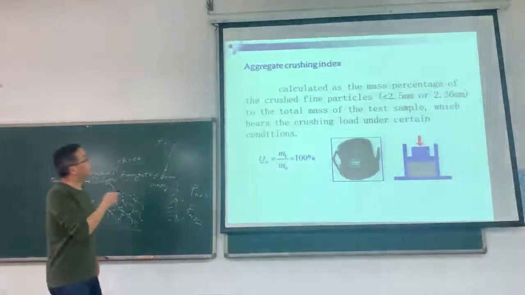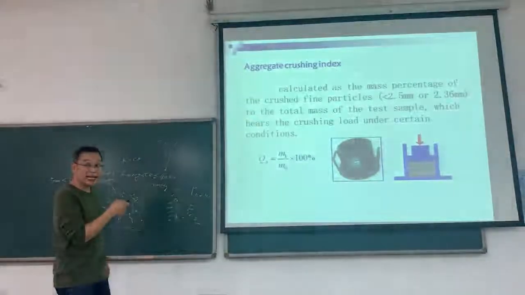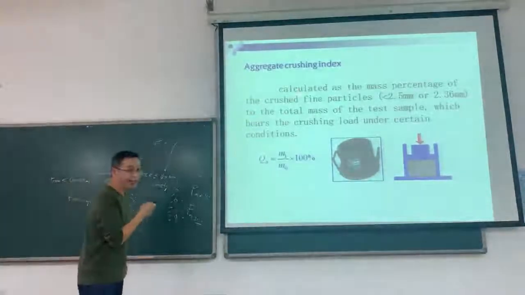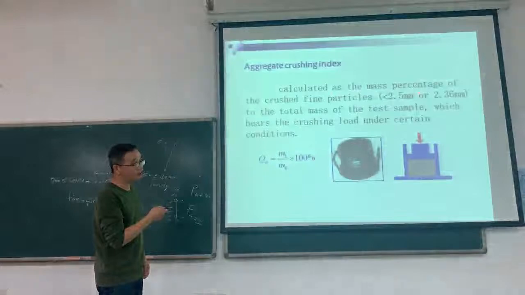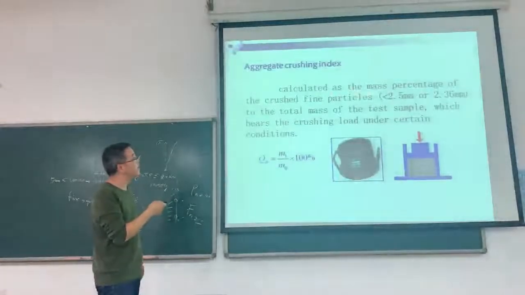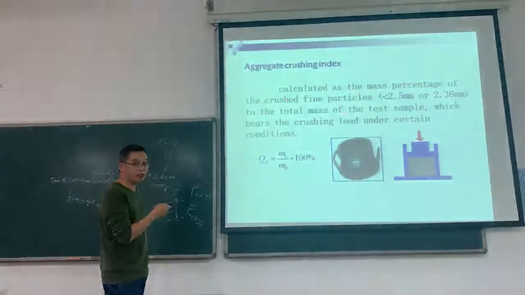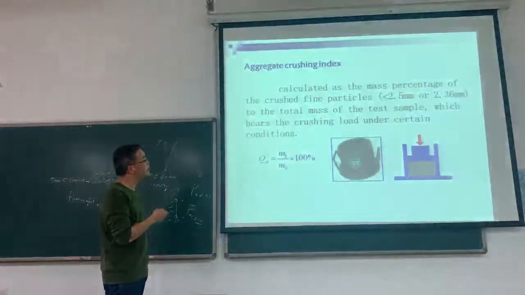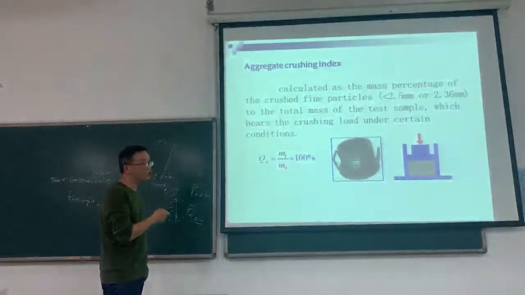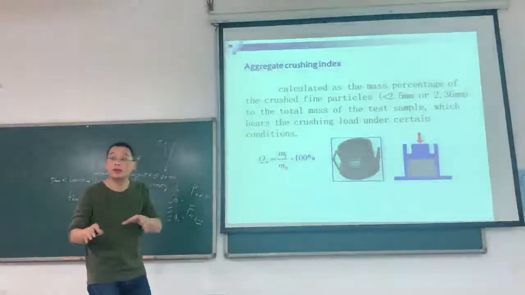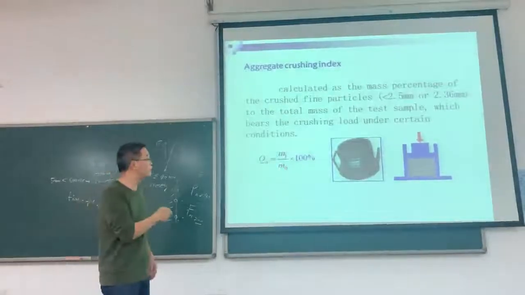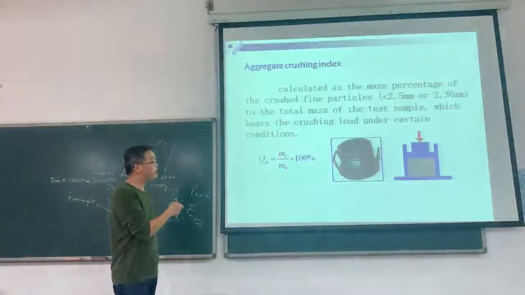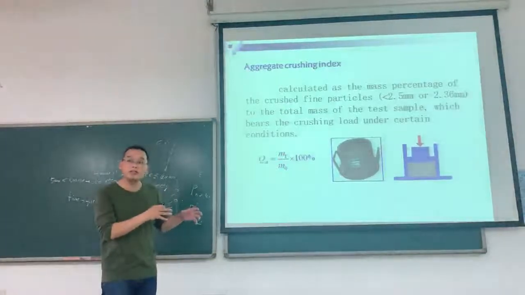So the aggregate crushing index is calculated as the mass percentage of the crushed fine particles to the total mass. This is the total mass before the experiment, and this is after the experiment.